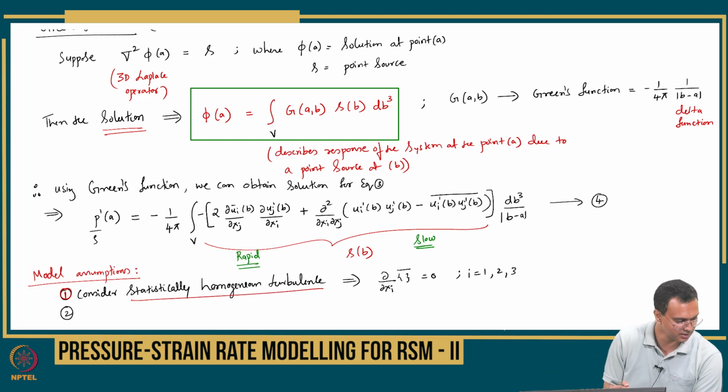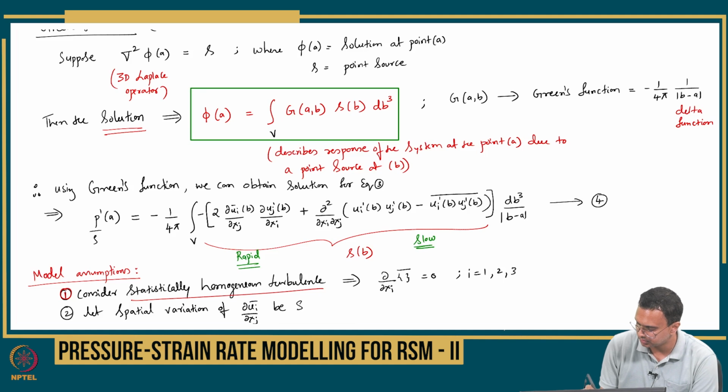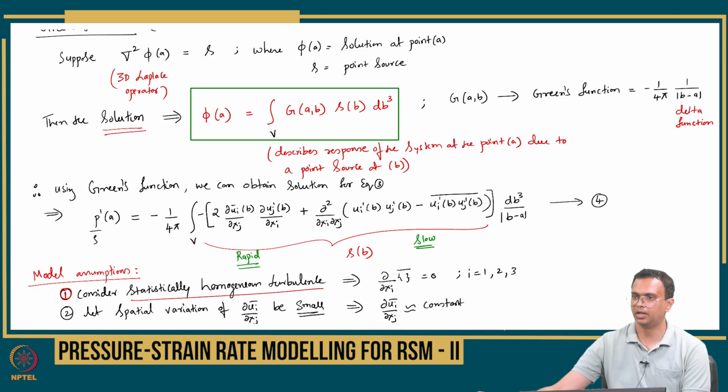So let the spatial variation of dou ui bar by dou xj be small, that is, dou ui bar by dou xj is almost constant. I would like to do that so that I can take it outside the integral.